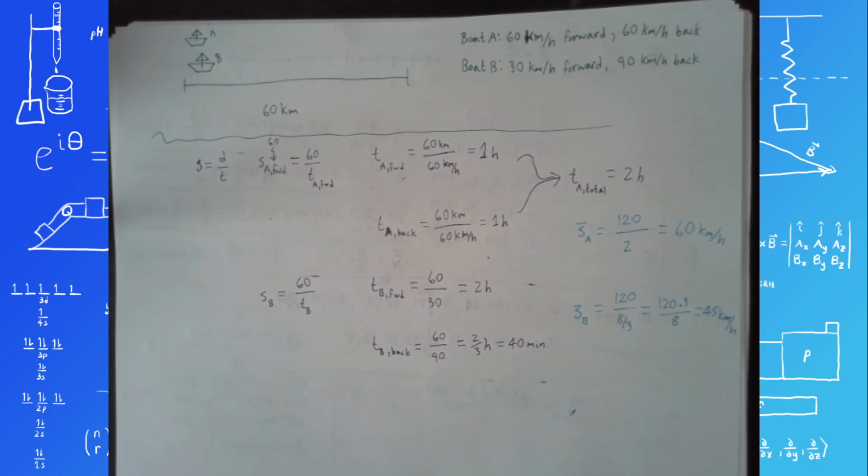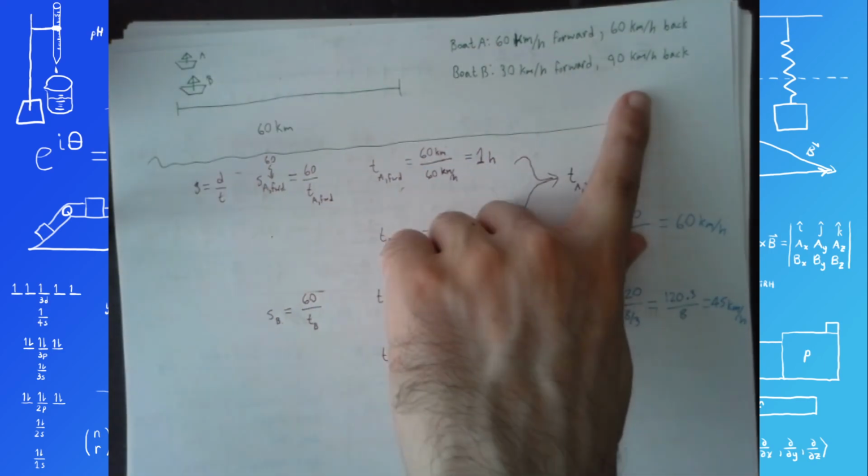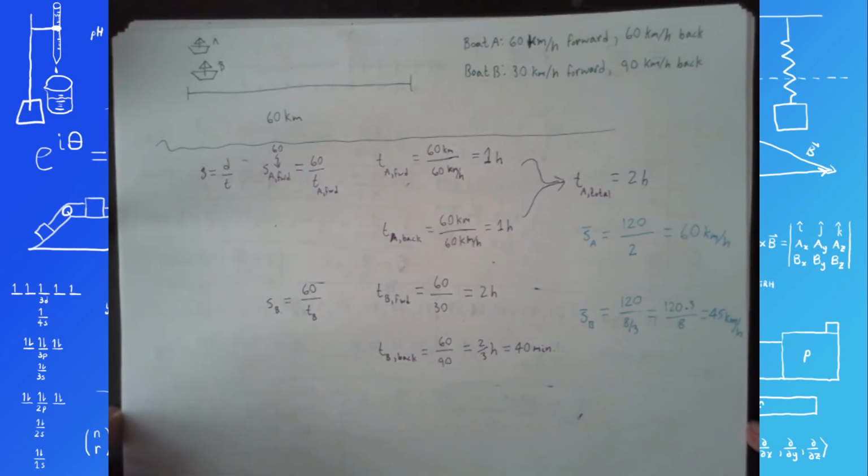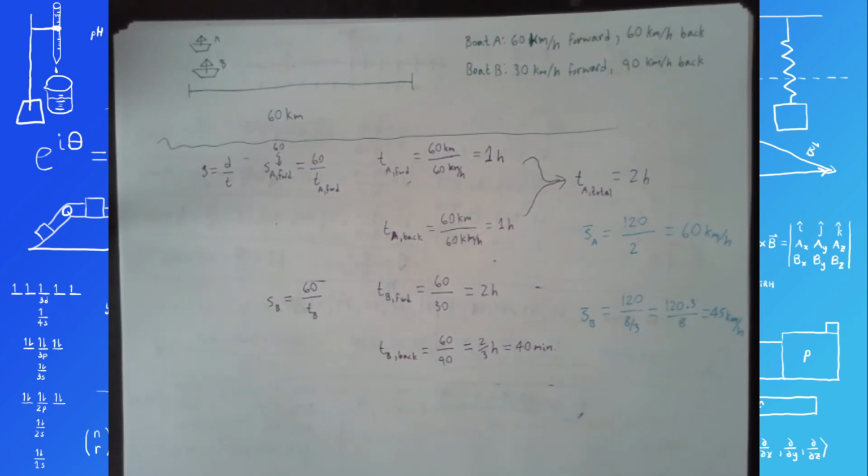Does 45 make sense? It is between 30 and 90. So it does fit. It is between the highest and the lowest speeds. And it's closer to 30 than it is to 90. Halfway between 30 and 90 would have been 60. Less than 60 is closer to 30, and that's what I would expect because you spend more time at 30 kilometers per hour than you do at 90.